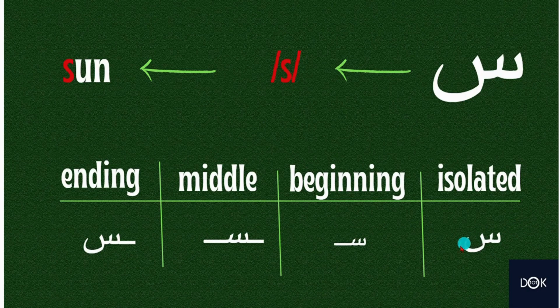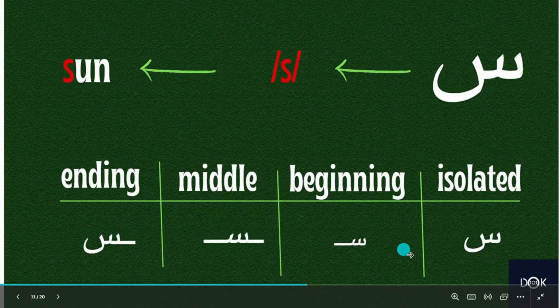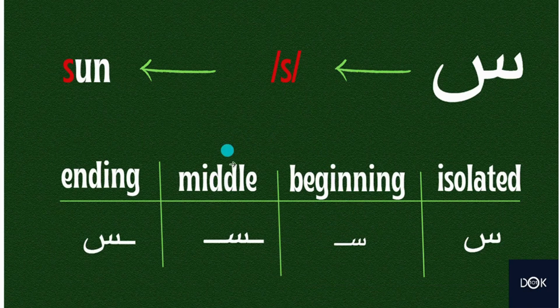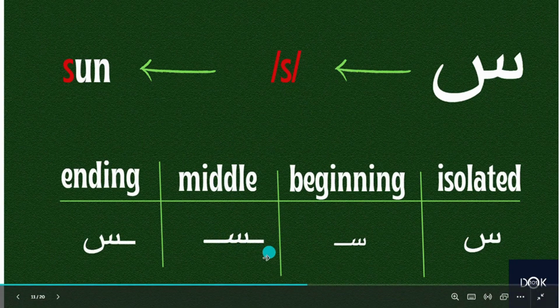The formation of this letter is also different than the ones we have learned today. Unlike Ra and Za, Seen is joined to the letter that follows it, as well as the letter that is before it. So in isolated form, it will not be connected to anything, of course, but when Seen is at the beginning of the word, it is connected to the letter after it.